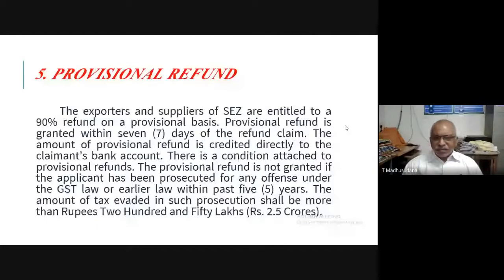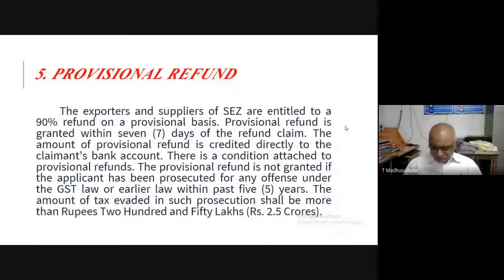Okay. So, the amount of provisional refund is credited to the claimant's bank account. This provisional refund amount, or temporary refund amount, will be credited directly to the claimant's account.